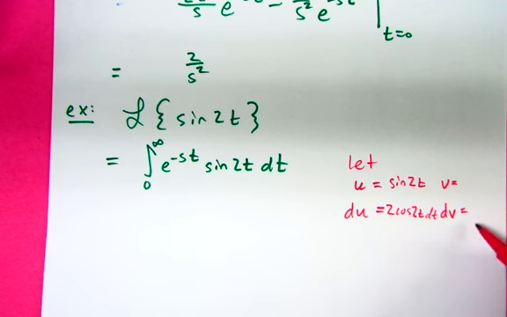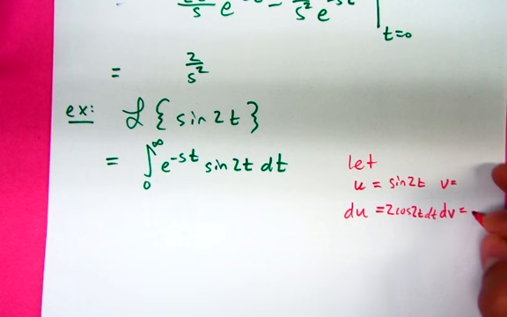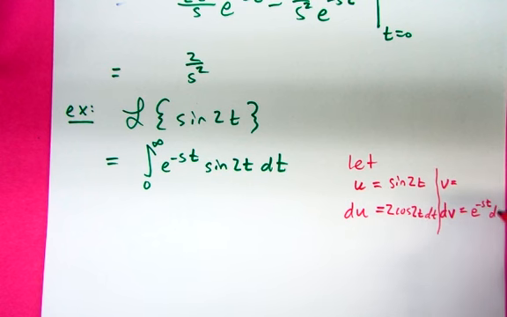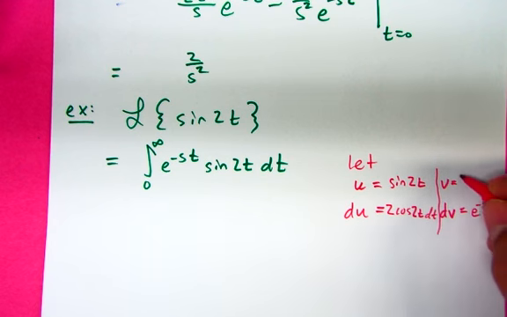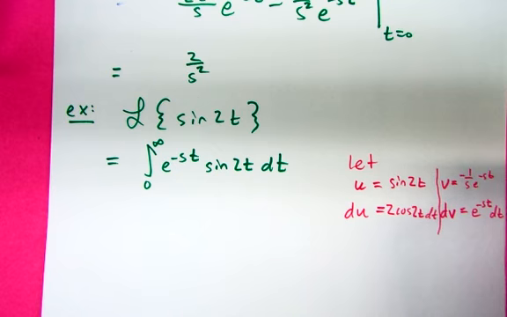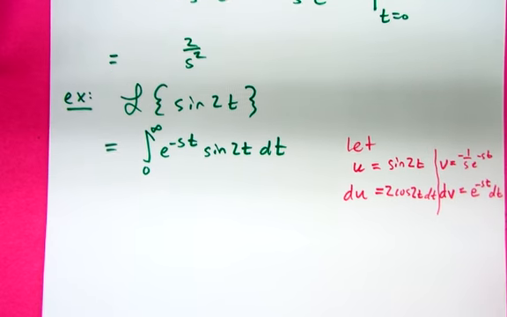And now the other part, e to the minus st dt, will be dv. And when you integrate to get v, you get minus 1 over s e to the minus st. Okay, so these are the four things we need.